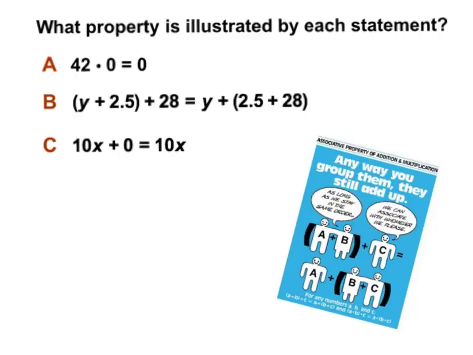All right, so let's look at some examples here. Our first one here, we have 42 times 0 equals 0. Well, what's happening? We're multiplying by 0, so we know it's going to be a multiplication property, and it's equaling 0. So this is actually going to be our multiplication property of 0. Okay? All right, let's look at letter B. We have y plus 2.5, parentheses around that, so we're doing that part first.